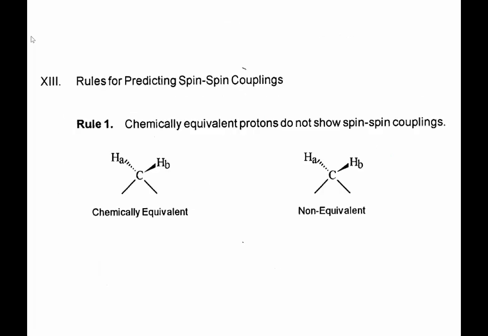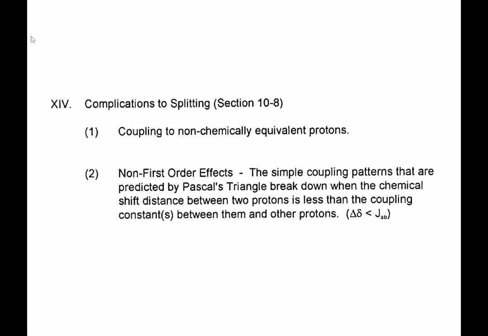So the limitation on all of this is the following: when you have two chemical shifts, so if I have two sets of hydrogens, there is a distance between the center of the peaks, that's the difference in chemical shift. Okay? And that chemical shift can be measured in Hertz.